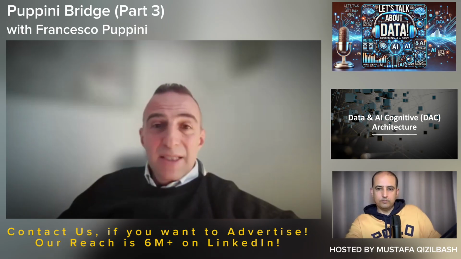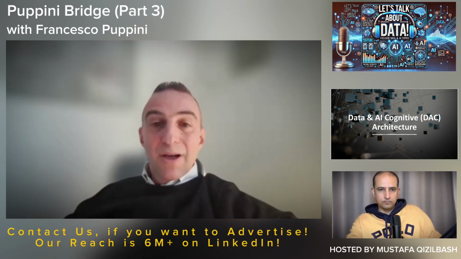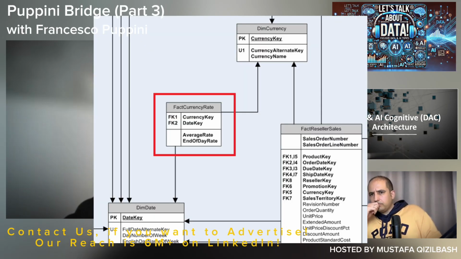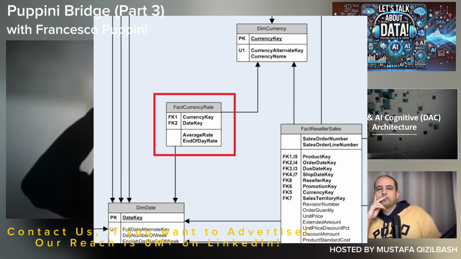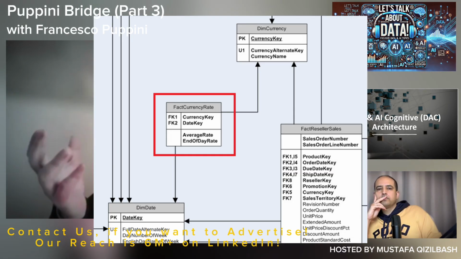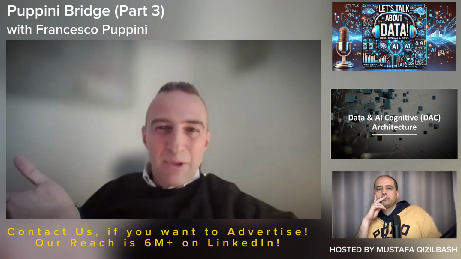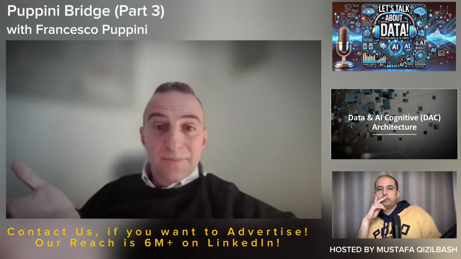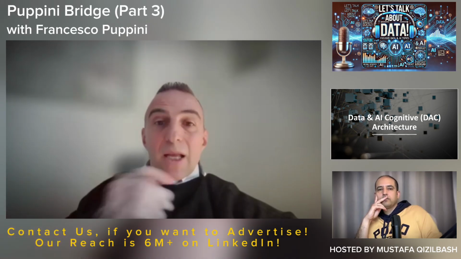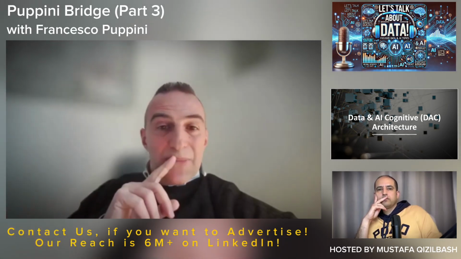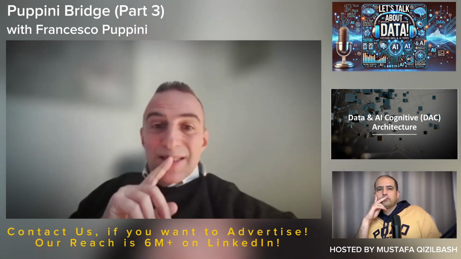And there is a table in AdventureWorks called fact underscore exchange rates. Wait a minute. Exchange rates, euro to dollar. Is it a fact table? Well, no, it's not a fact table. It's also not a dimension. So it's neither a fact nor a dimension.